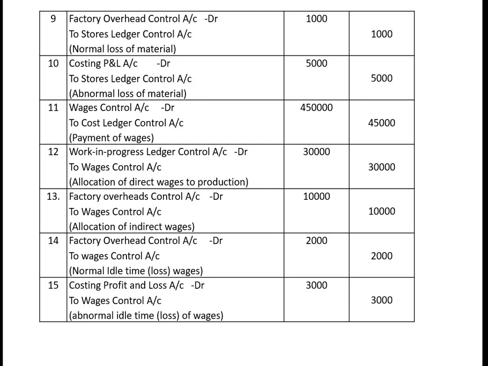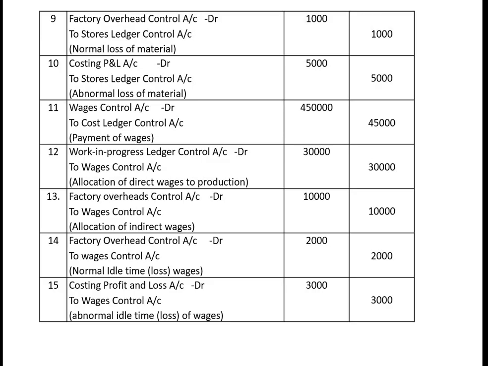Again, it's a normal loss: the production is suspended for some time due to normal reasons, like we have seen in the machine hour rate chapter, where machine is running but production is not going on, or there is setting up time where we stop our machine and there is no production. Such normal idle time or loss of wages is charged to indirect labor. So entry will be factory overhead control account debit to wages control account, amount is 2000.